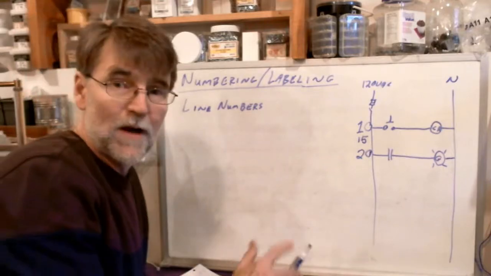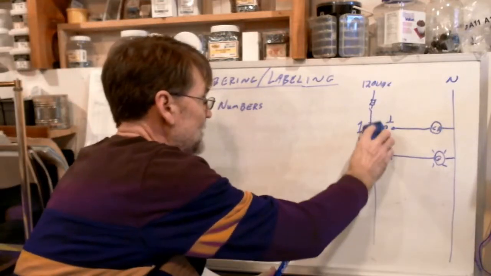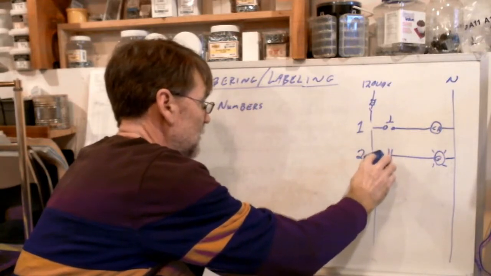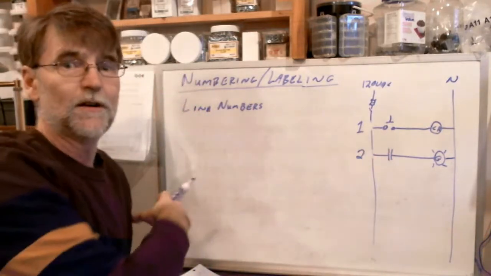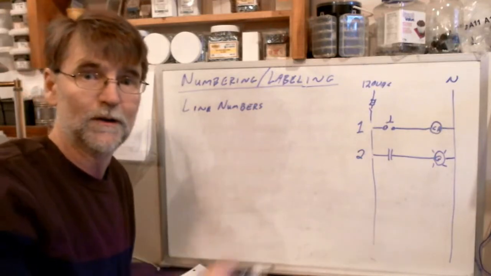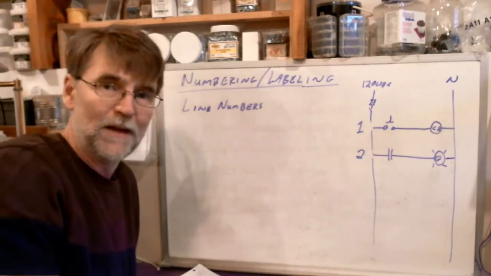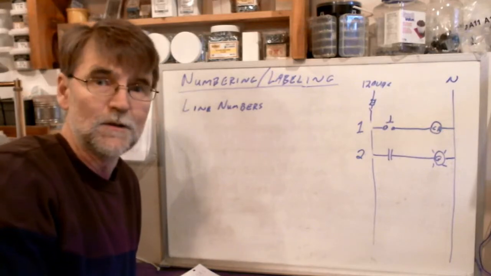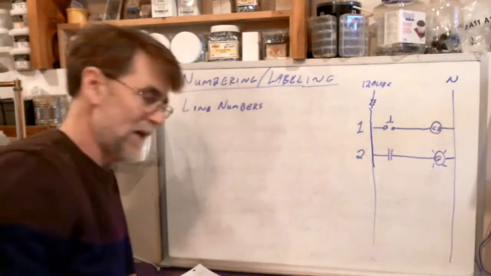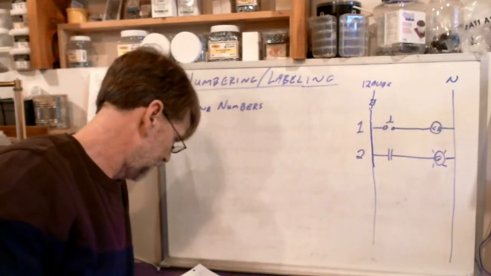We're probably not going to bother, but that would not be at all uncommon for you to see. Sometimes they even start at 100, 200, 300, and that gives them room to put 100 rungs in between if they decide they need to do that down the road. So that's where we begin: rung numbers.